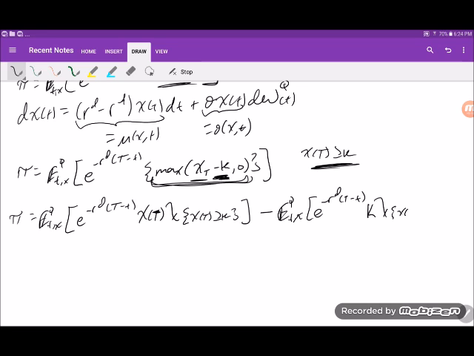Again, same thing, that X_T is greater than K. All right, we'll leave it there for now, and we'll call this 1 and we'll call this 2.